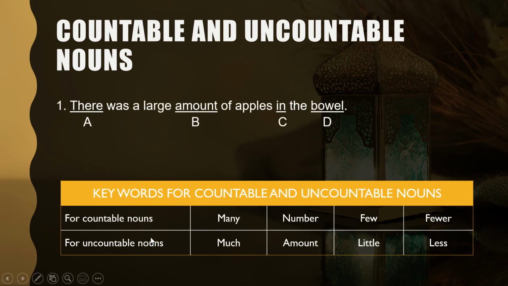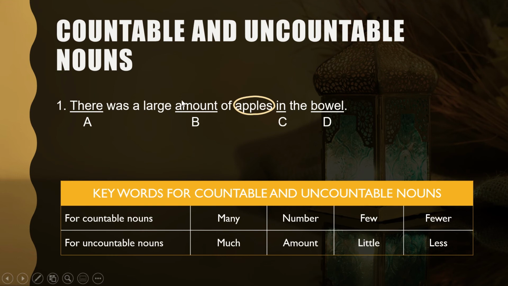So here's an example for the TOEFL test in written expressions. There was a large amount of apples in the bowl. So let's see here. Apples with s. And you can count apple. 1 apple, 2 apples, so they must be countable.